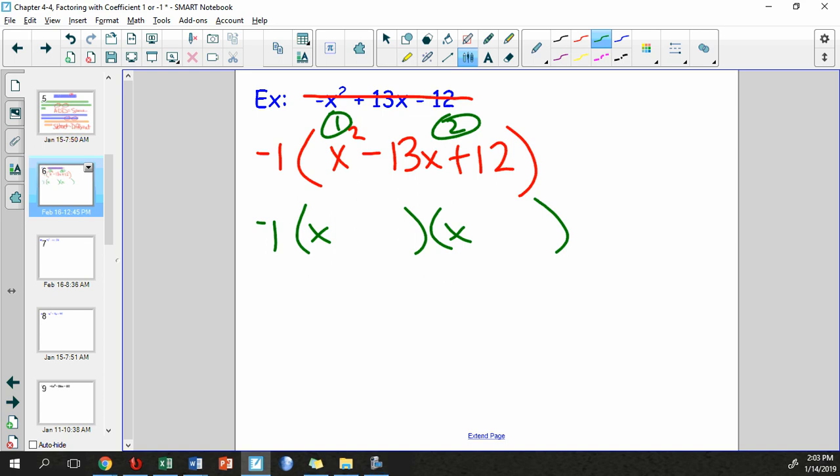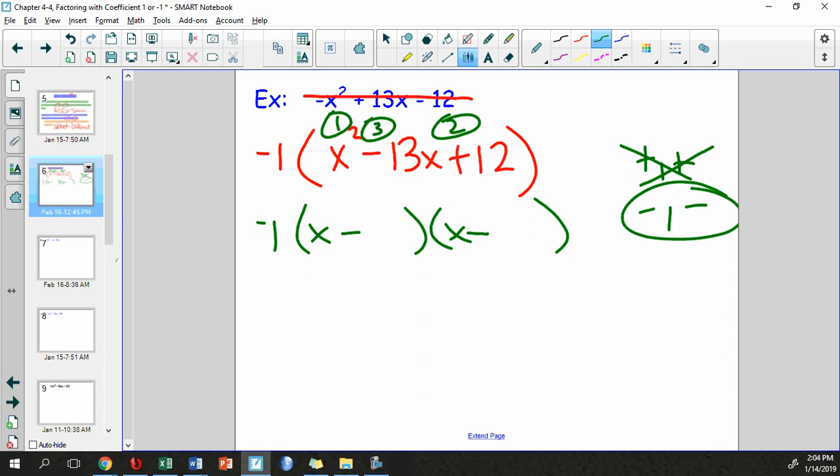So my signs must be plus plus or minus minus. How do I determine which one to utilize? I look at the first sign, which is going to be a negative. So therefore, I'm going to be having minus minus.